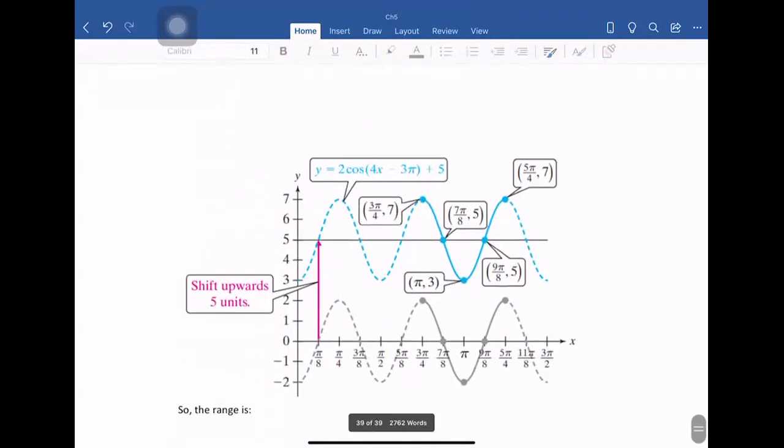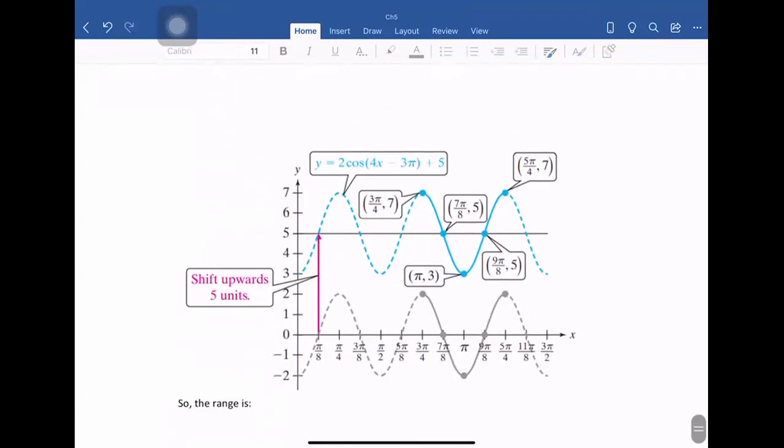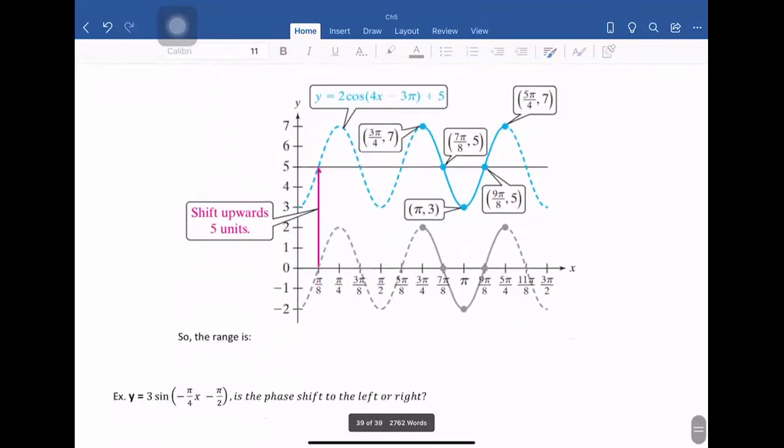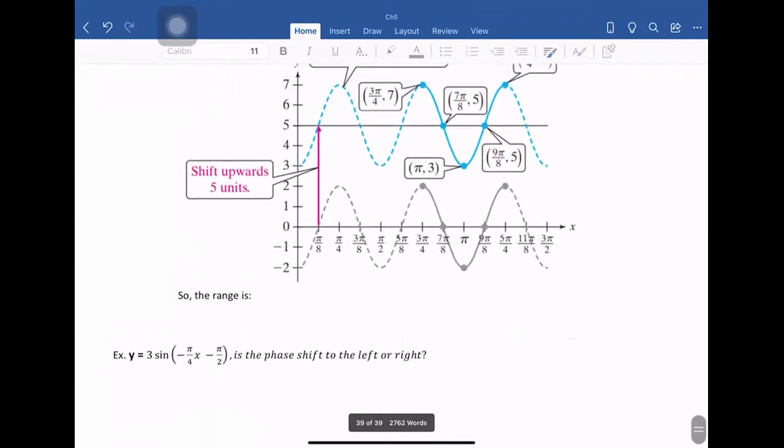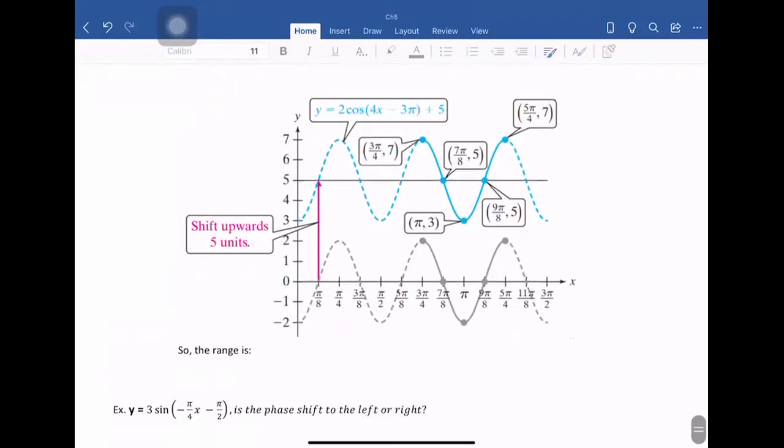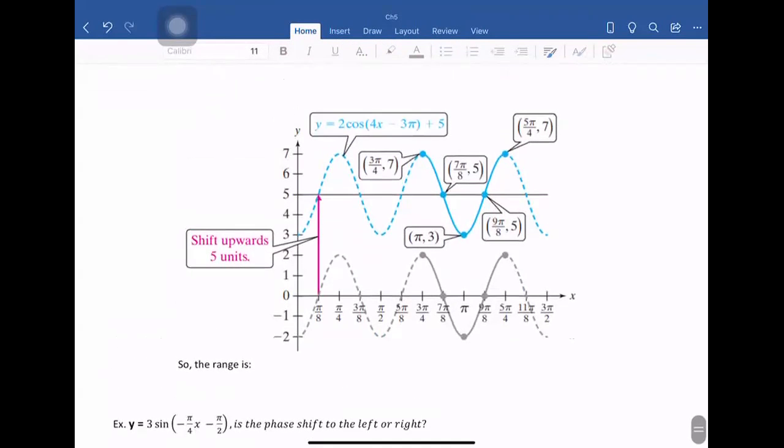And then move 5 units up. Then, what's the range of this graph? After graphing this picture, I see, oh, not this one, sorry. This is our graph for the function.